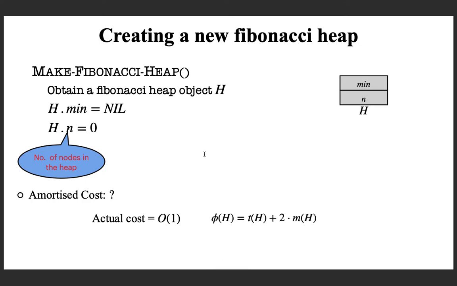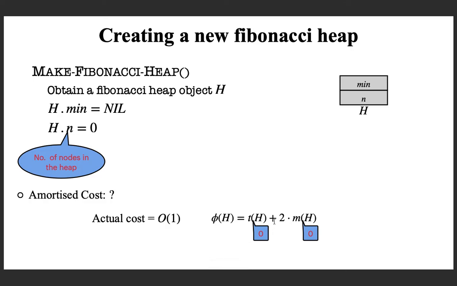You can see that the potential of an instance H of a heap is defined as the number of trees in the heap plus 2 times the number of marked nodes. And here you made a heap where there are no trees, so the number of trees is 0, and since there are no trees, the number of marked nodes is again 0.